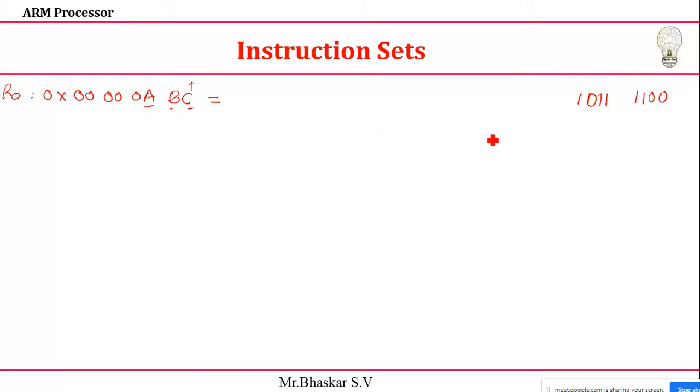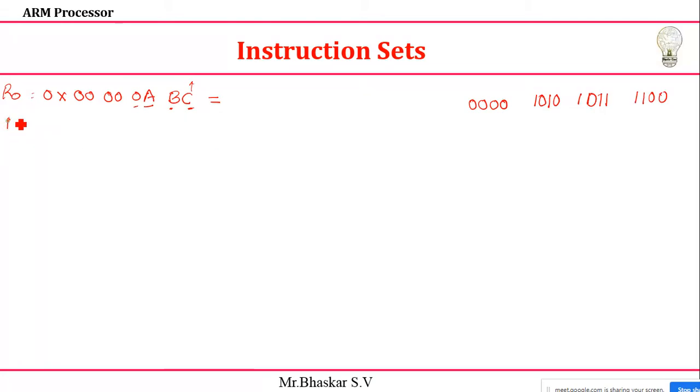Similarly A: 1010. Remaining you just fill with zeros. Zeros means this one, I'll get the value 0 0. Remaining also I'll get zeros only for these cases. If you want, you can fill it out.